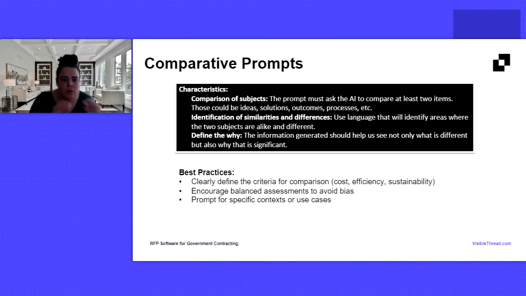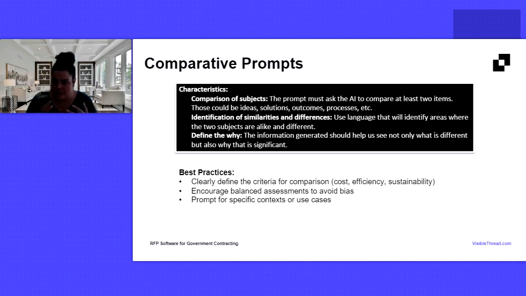The characteristics of this type of prompt: we ask the AI to compare at least two items. It can be multiple, but you need at least two things to compare: ideas, solutions, outcomes, processes, etc. Then there's identification of similarities and differences. A lot of times in these prompts we're looking for the differences, the positives and negatives, what one has, what one is better at than the other.